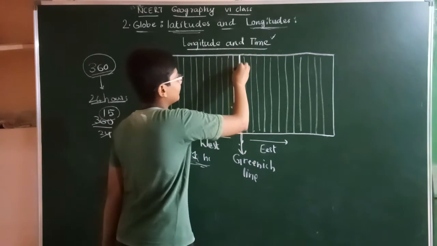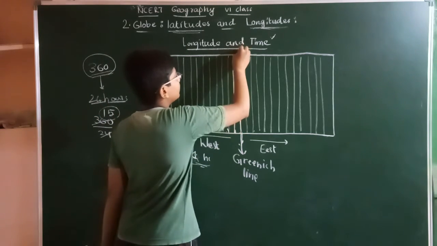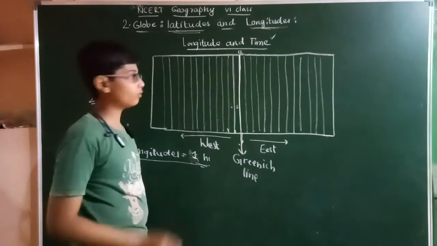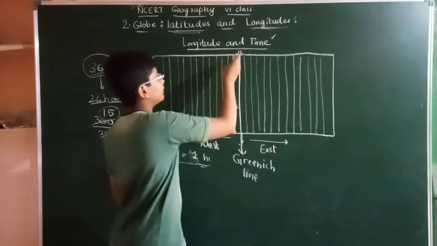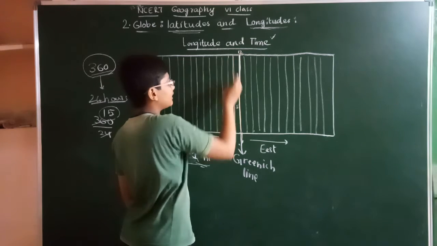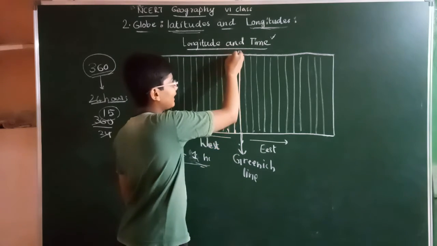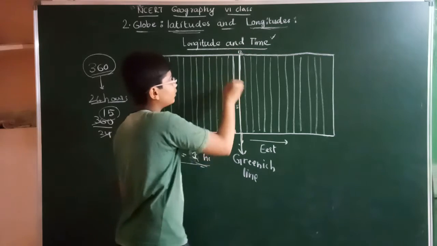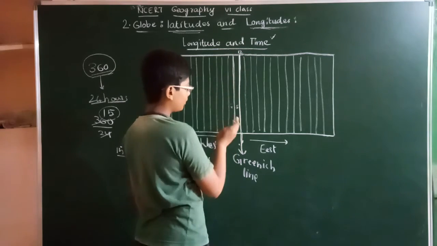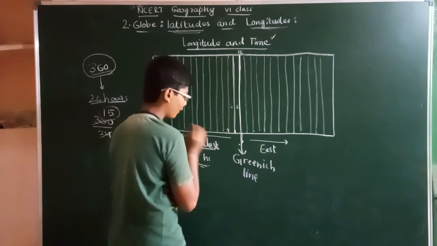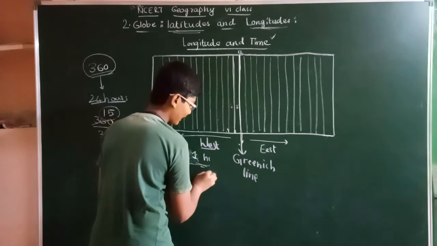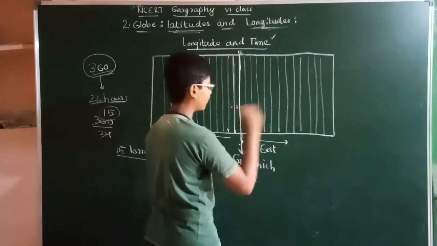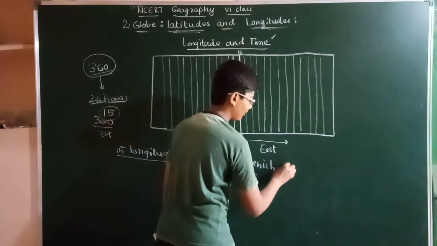Suppose we think of this as 12 o'clock afternoon. Then the places on this line will represent 12 minus 1, because it is on the west side. If you are on the west side you should subtract 1 hour; if your place is on the east side of the Greenwich line, you should add 1 hour.